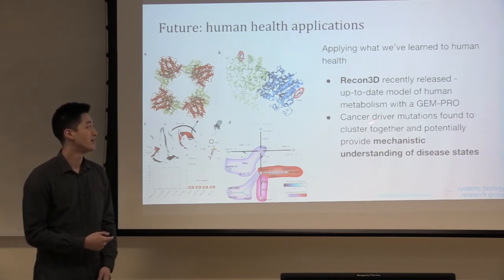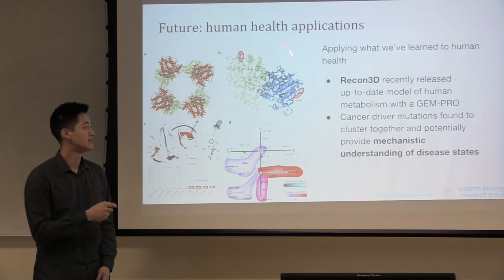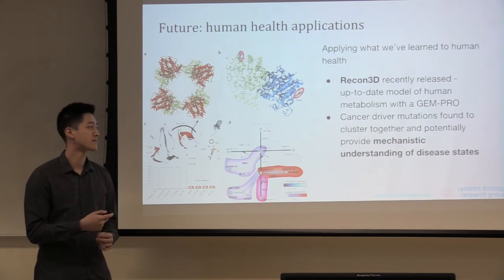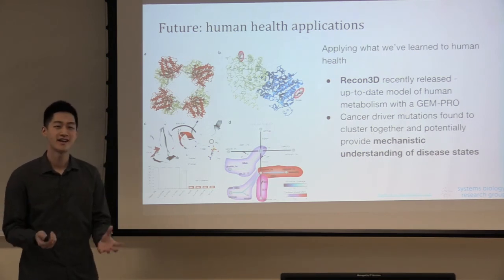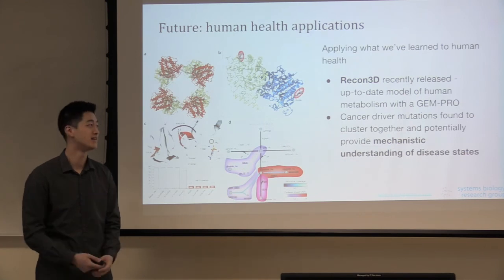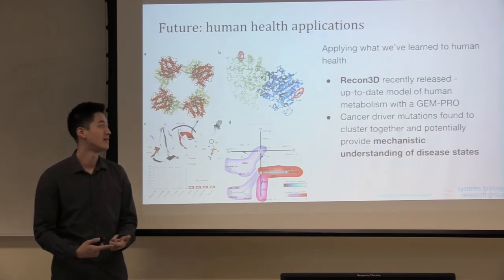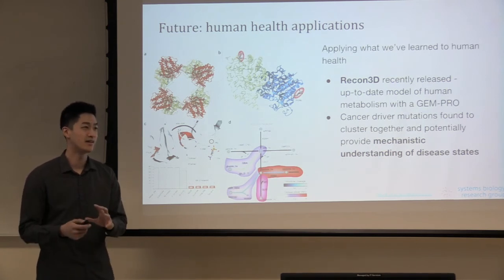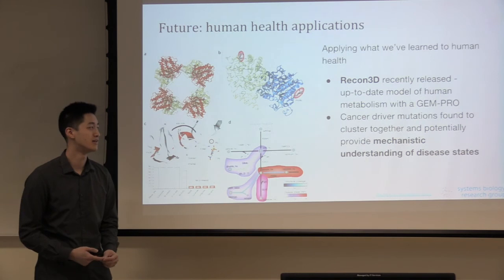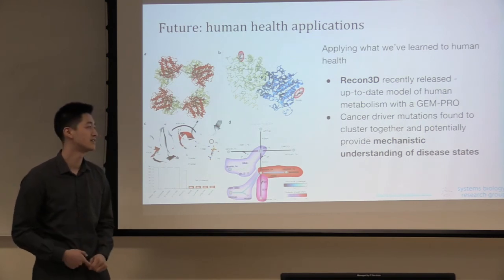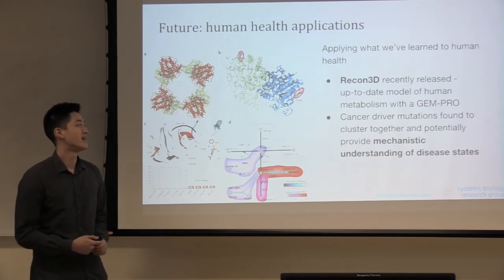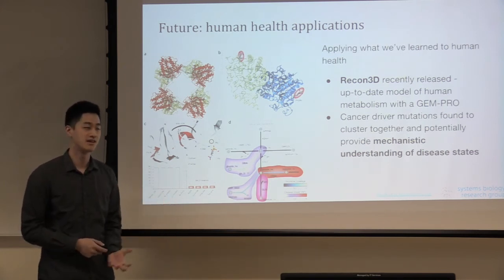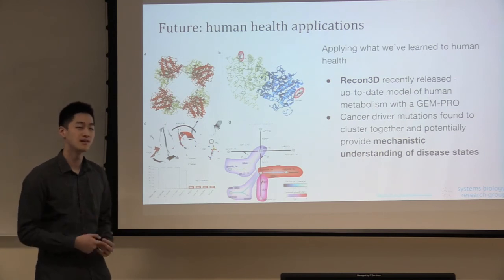In this reconstruction, we also incorporated the structures of 3D proteins, and we wanted to understand how cancer mutations cluster together in 3D space, and can that give us insight into how these mutations are impacting regulation within a cancer cell, and can that possibly give us clues to what we can target with anti-cancer drugs? So this provided us insight that mutations do cluster together in 3D space in certain enzymes in cancer.